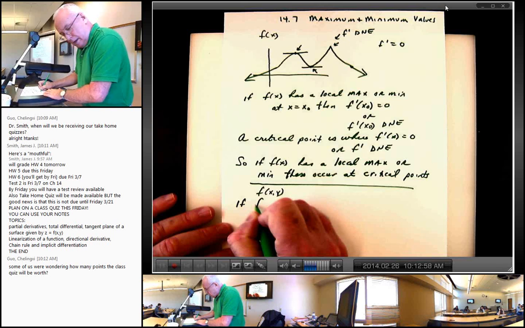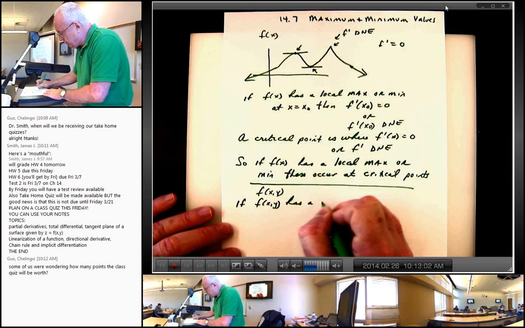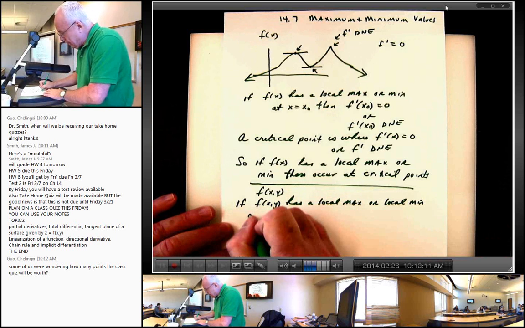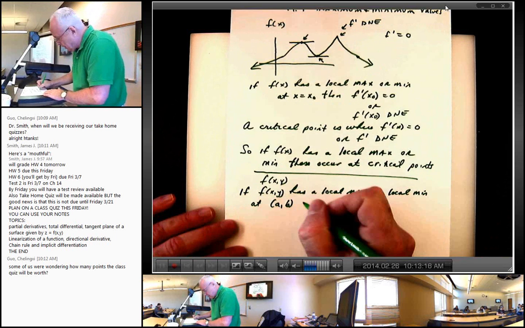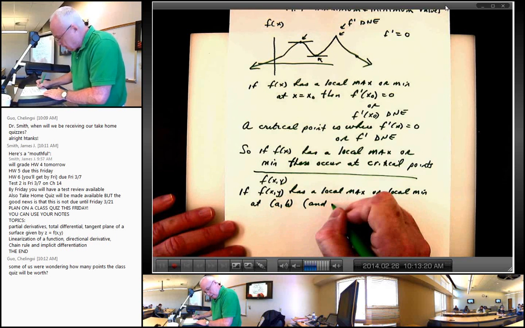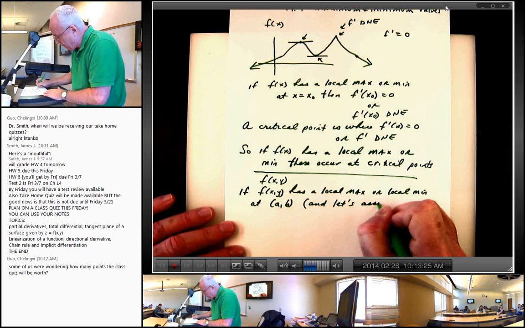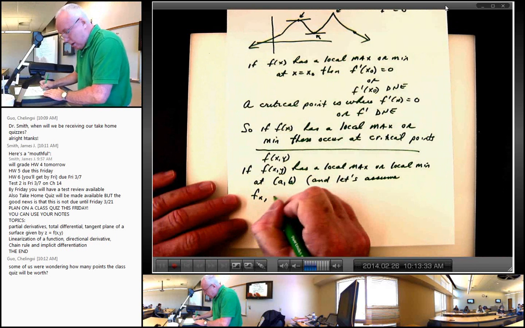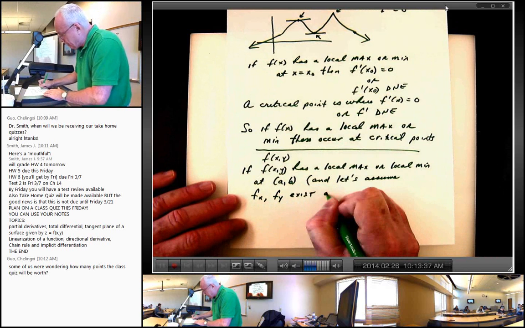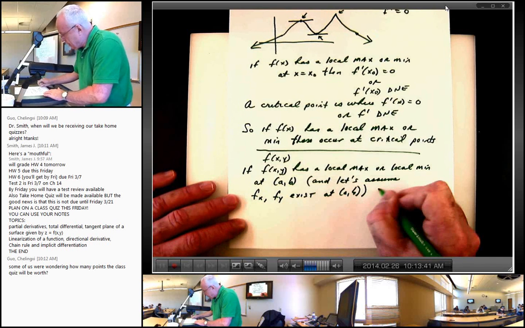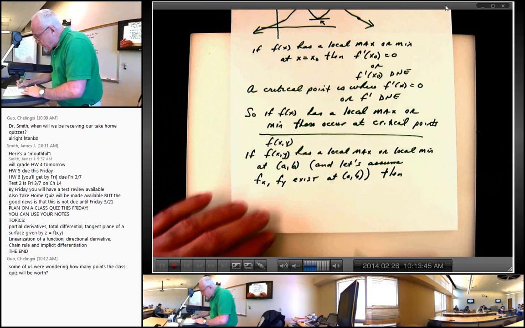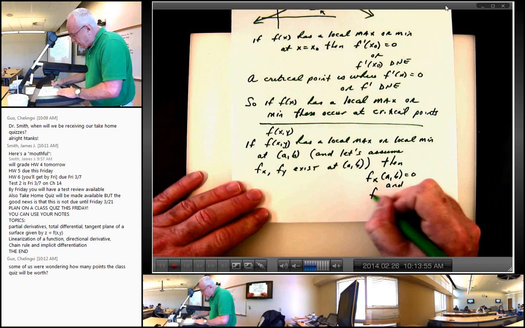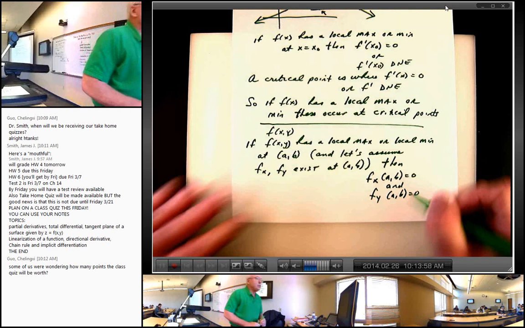If f of x, y has a local max or local min at a point (a, b), and let's assume that the two partial derivatives, f x and f y, exist at (a, b), then the partial derivative with respect to x is going to equal 0 at that point, and the partial derivative with respect to y will also equal 0 at that point.